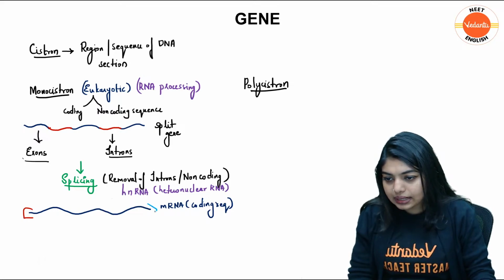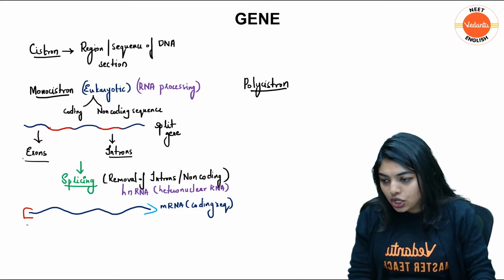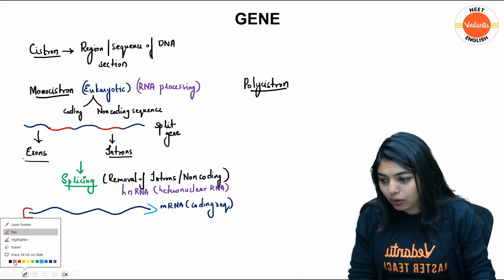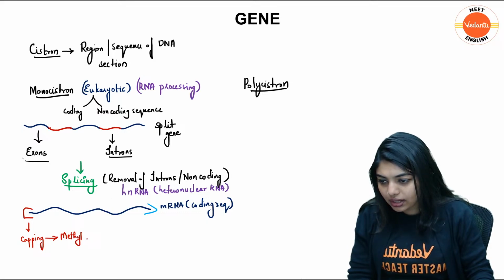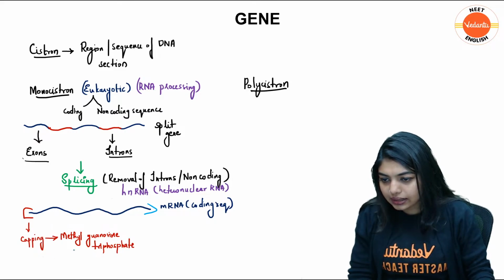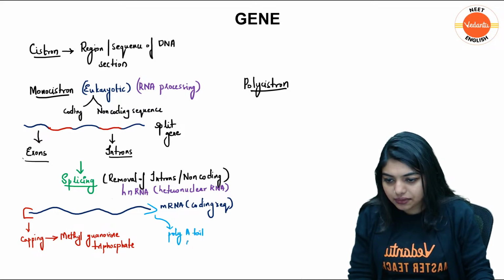Capping will be done with the help of methyl guanosine triphosphate, as mentioned in your textbook, and tailing will be done with the help of a poly-A tail.